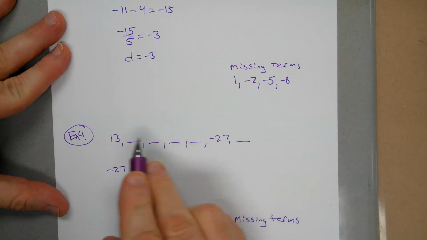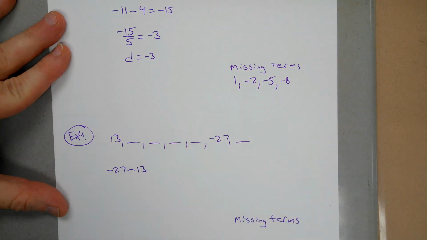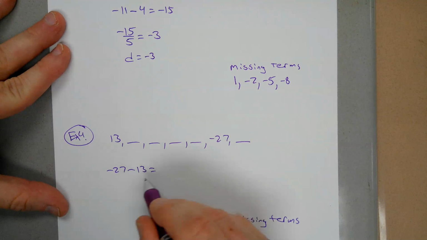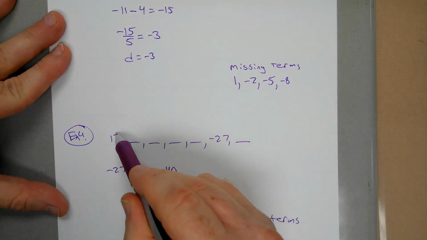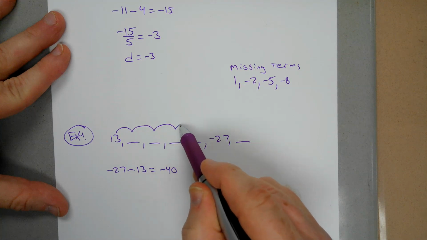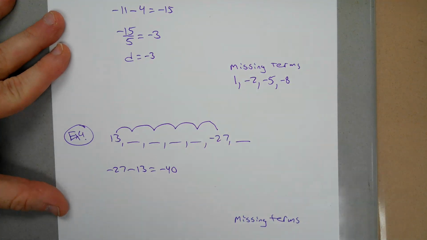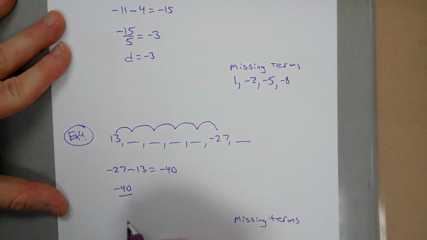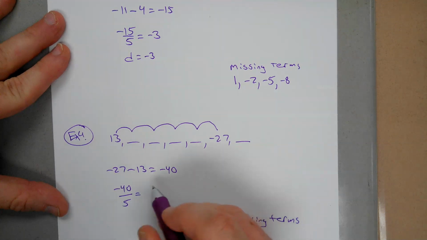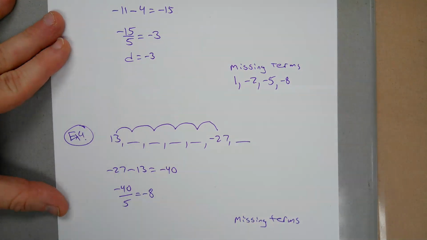Negative 27 minus 13 is negative 40. We are skipping 1, 2, 3, 4. It takes 5 skips to get to a known value. So, negative 40 divided by 5 is negative 8.